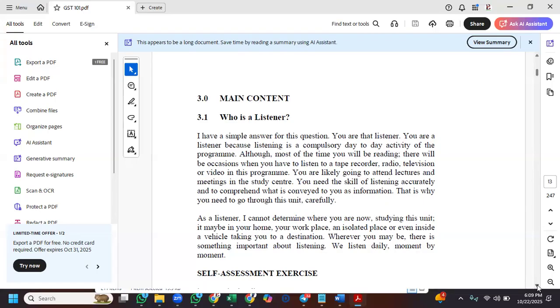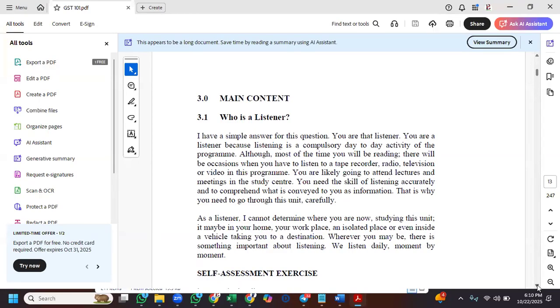For instance, if I said, go to the door, or go and pick up the cup that is on the table, it's a kind of instruction or command, and the person I'm saying that to actually went to the table and picked up the cup. By carrying out the instruction I gave, it means that person has listened to me.